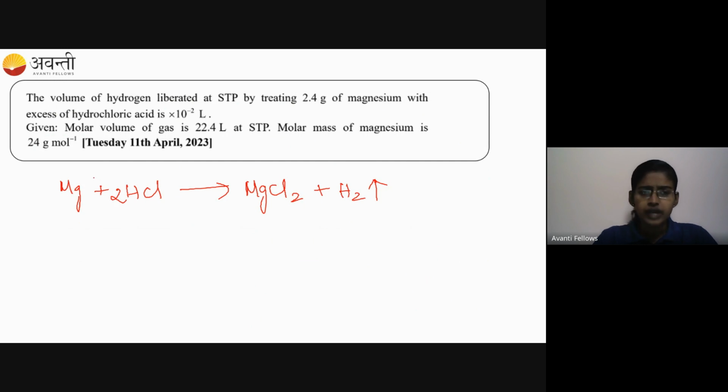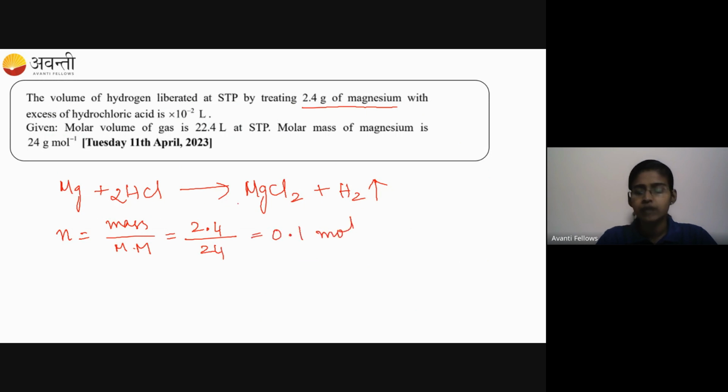Now, to find out the number of moles of the magnesium, it is mass by molar mass. The mass of magnesium that is reacting with HCl is 2.4 and the molar mass of magnesium is 24, and from this we are getting 0.1 mole. Okay, number of moles of magnesium is 0.1 for the given amount of magnesium, that is 2.4.